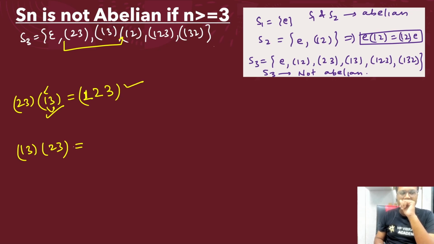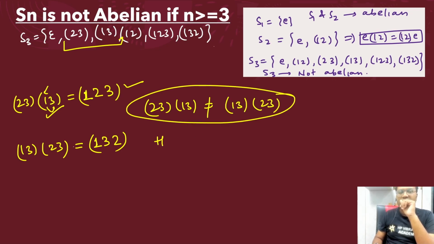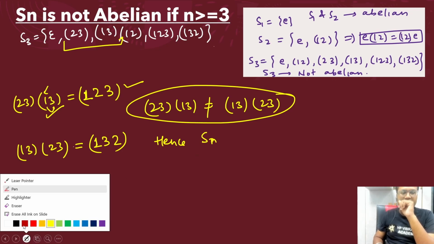Now let us write down here, starting from 1. 1 goes to 1 and 1 goes to 3. Now 3 goes to 2 and 2 goes to 2. Now 2 goes to 3 and 3 goes to 1. This is closed. So (2 3) times (1 3) is not equal to (1 3) times (2 3). Hence S3 is not abelian.